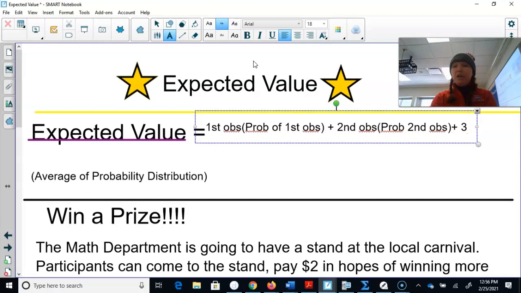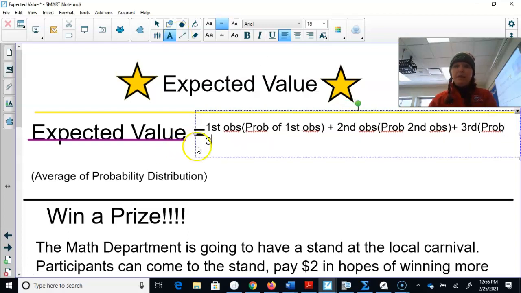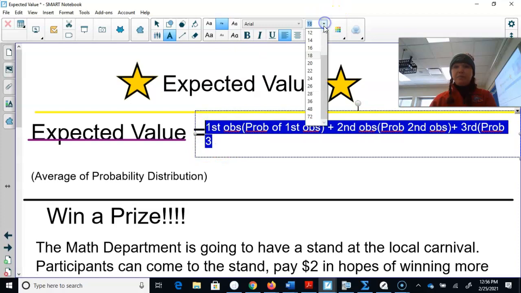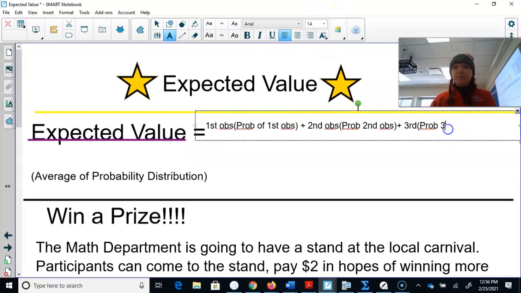Then we're going to do the third observation times the probability of that third observation. Plus, we're going to just continue until we've done all of our observations in that sample space, or all of those outcomes in that sample space. That is the average of our probability distribution.